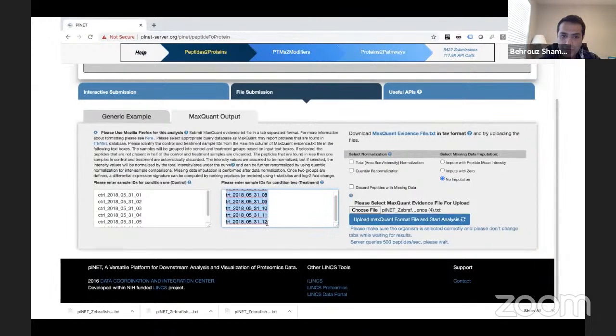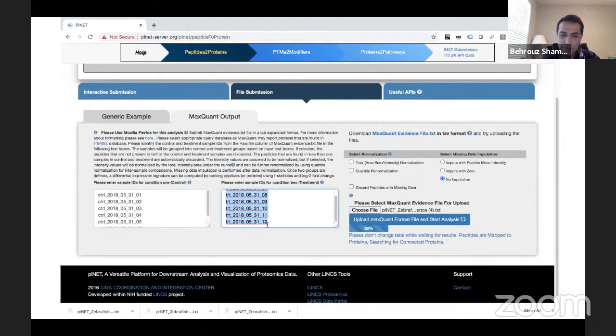The control and the treatment should be assigned here in these two tables, because in MaxQuant, basically we do a t-test between two conditions, and based on the log fold change and the p-value, we select the peptides for further analysis. Some peptides do not get much expression change.